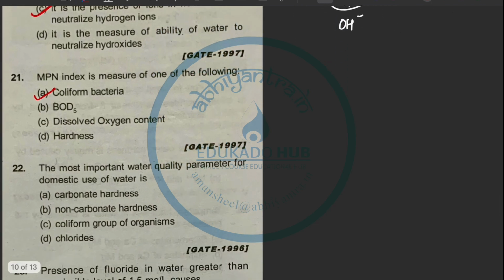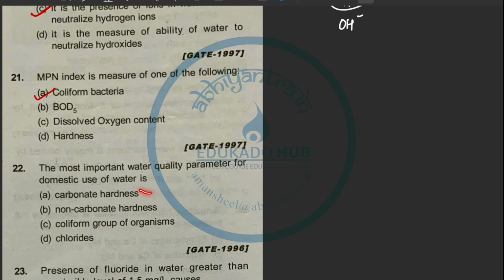Next, question number 22. The most important water quality parameter for domestic use of water is, in this question we have to give the answer based on our logic. They have given carbonate hardness, non-carbonate hardness, coliform group of organism, and chlorides. The first and foremost thing which is important is our health.